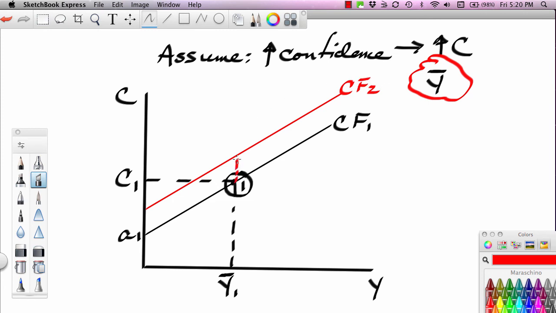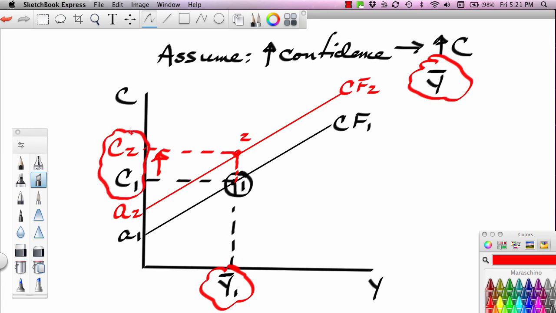So what I need to do is show the line shifting upward. Why? Because now I can show an increase in C that has nothing to do with a change in Y. Y has stayed constant. Disposable income hasn't changed. Households are simply spending more out of their present level of income.